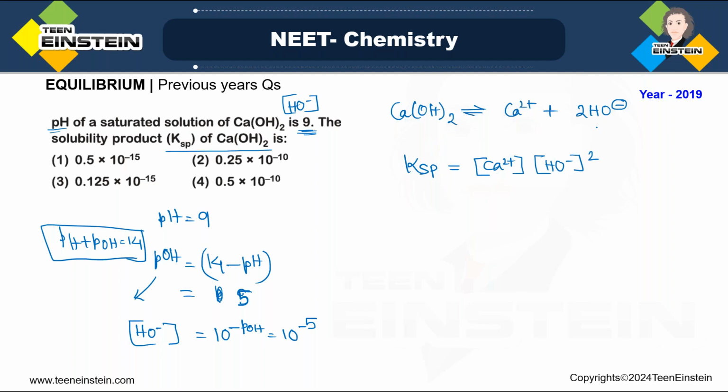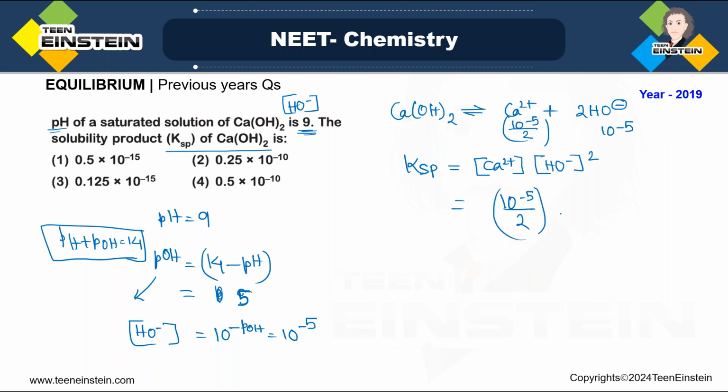And if it is 10 to the power minus 5, this one will be 10 to the power minus 5 divided by 2, because the mole ratio is half for the cation. So that is the reason why we are calculating pOH, because once you know pOH, then only you can know the hydroxide ion concentration.